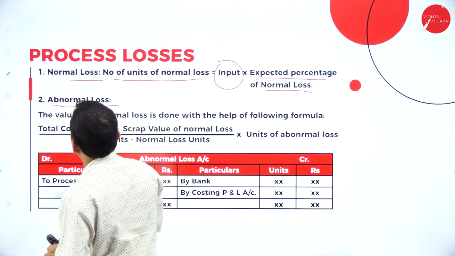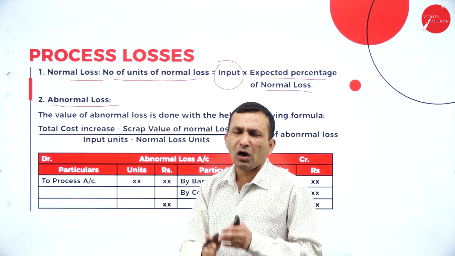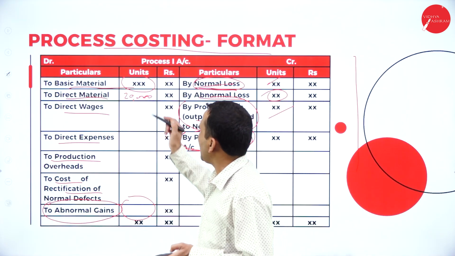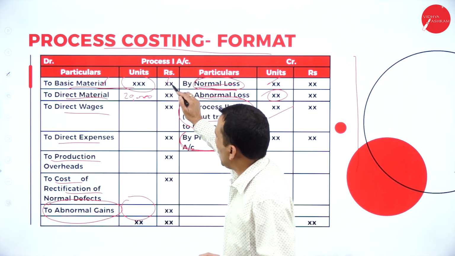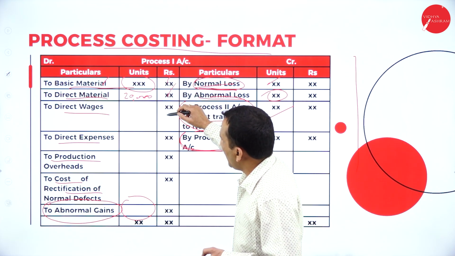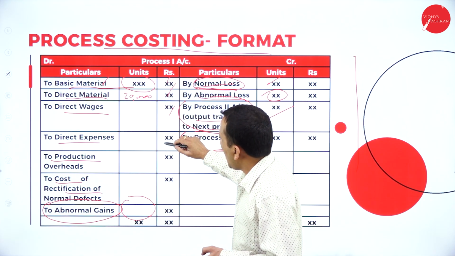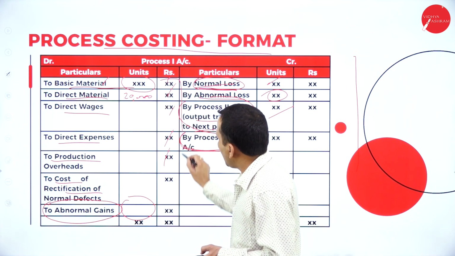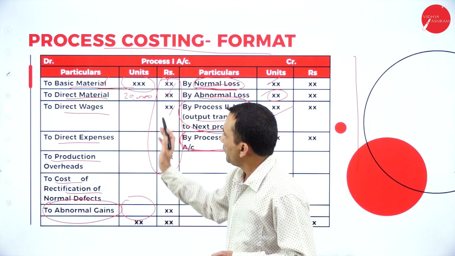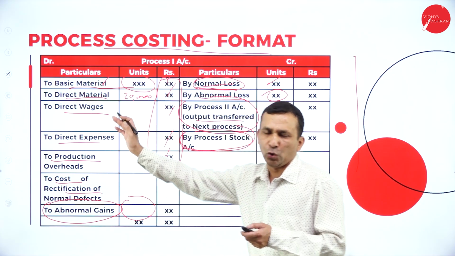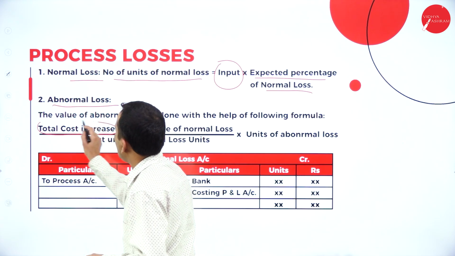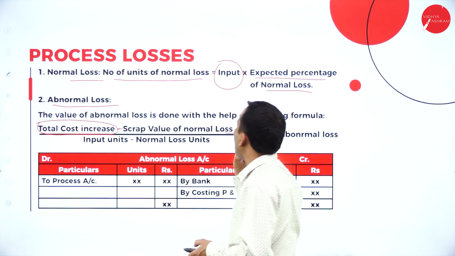Abnormal loss. To find out the abnormal loss, on the debit side, whenever you introduce, for example, basic material value, direct material, labor, direct wages, direct expenses and factory overhead, all together you have to take the total, which is nothing but the input value. Here the total cost is taken minus scrap value.